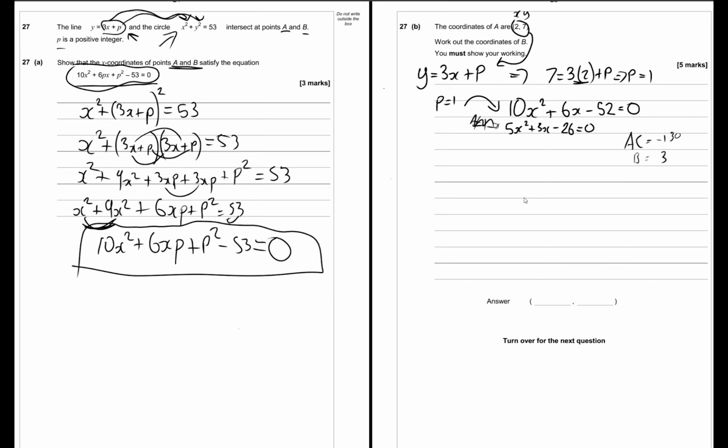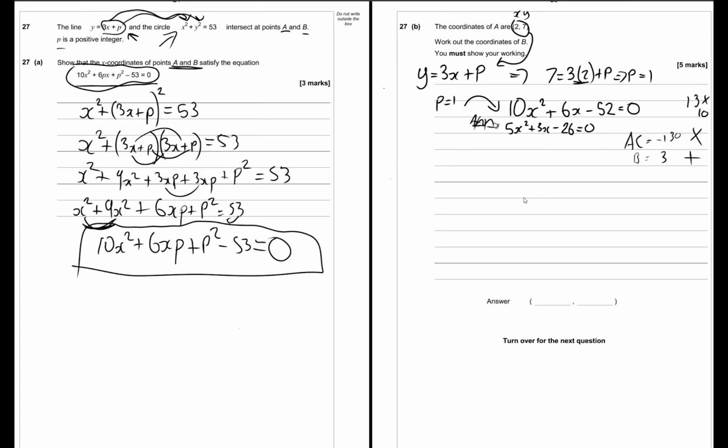So we want to find two numbers which multiply together to give us minus 130 and add together to give us 3. So what are the factors of 130? Oh, that was quite simple actually. We can get 130 by doing 13 times 10. So that means our factors are going to be 13 and 10.